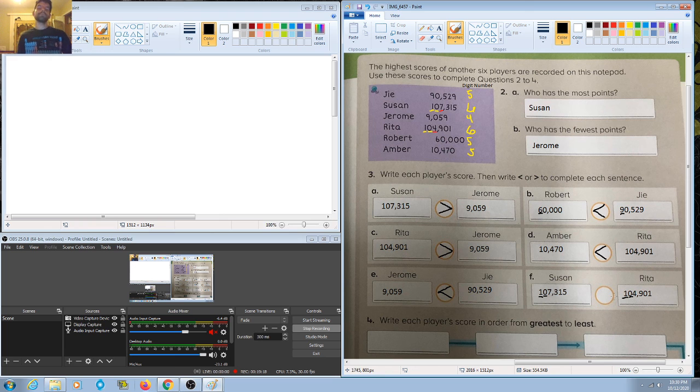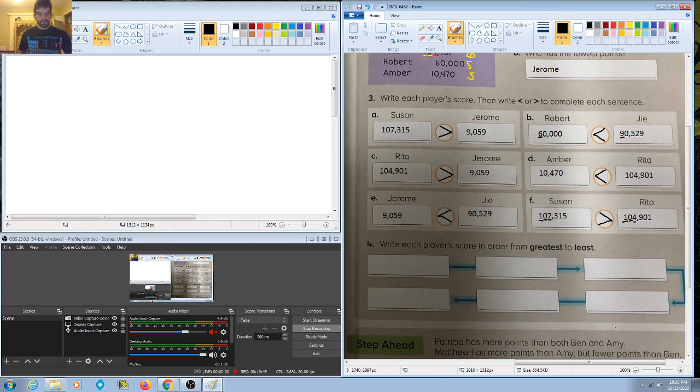We just have to keep going down the places until we find 2 numbers that are not the same. So in the 1000th place, we see that Susan has 7 and Rita has 4. So we had to go to the 1000th place to determine that Susan's score is larger, because the 1000th place in her score is greater than Rita's, because 7 is greater than 4.